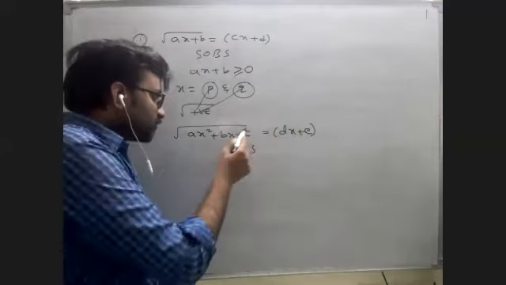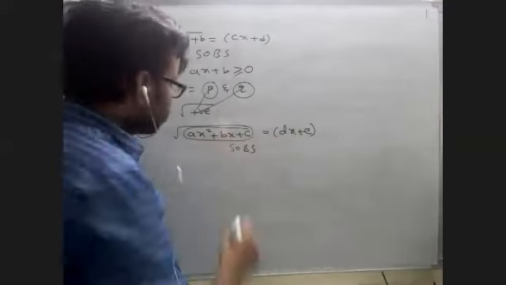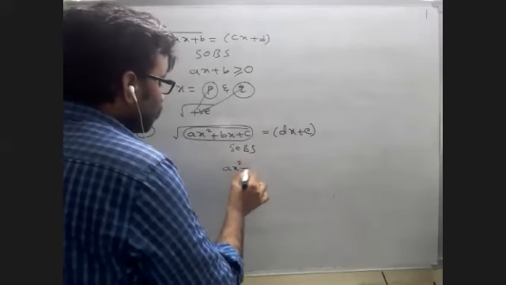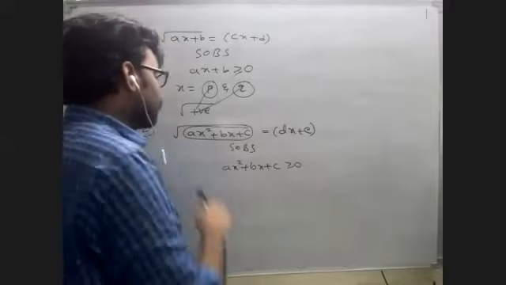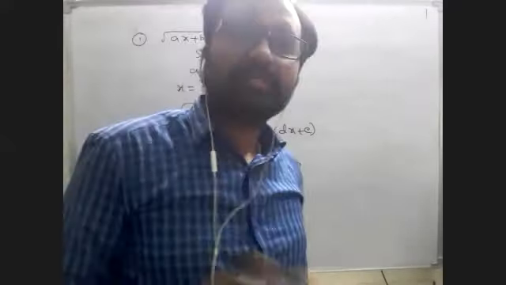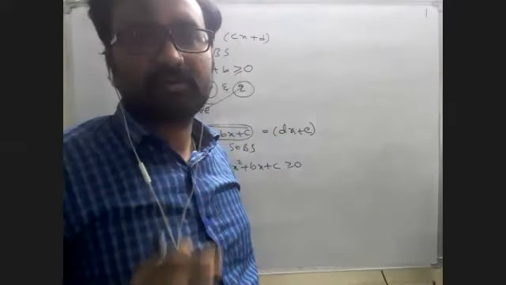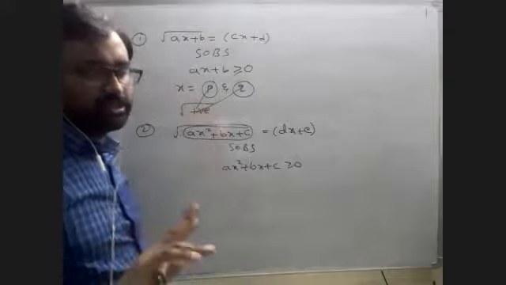But by substituting the x value, ax square plus bx plus c should be greater than or equal to 0. Why? Because this is also under a square root. That's why this also should be greater than or equal to 0. So these two types of questions we will discuss today.